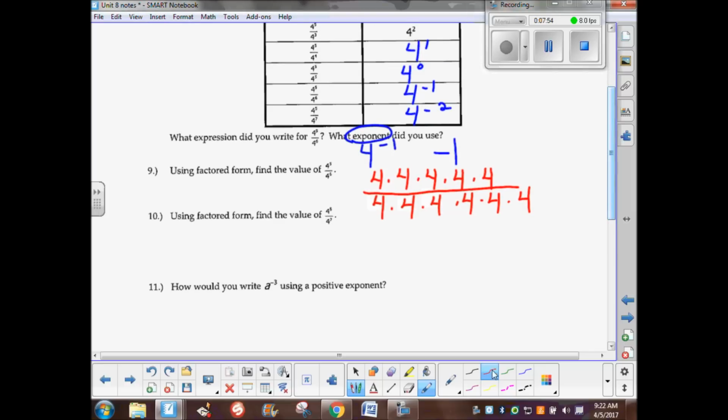So let's simplify. So 4 divided by 4, 1. We get all these 1s here. What's left on top? What's 1 times 1 times 1 times 1 times 1? 1. So 1 on top, but what's left on the bottom? 4.